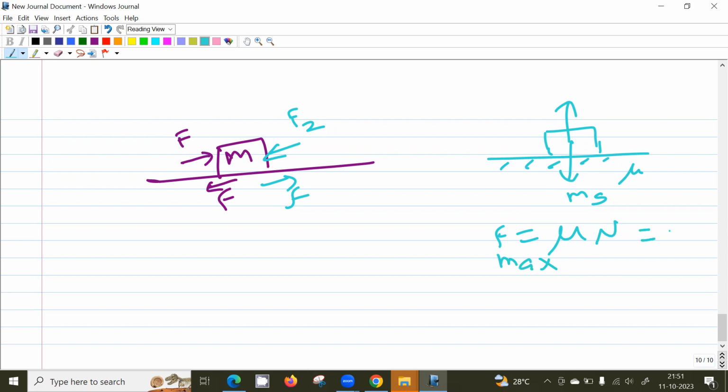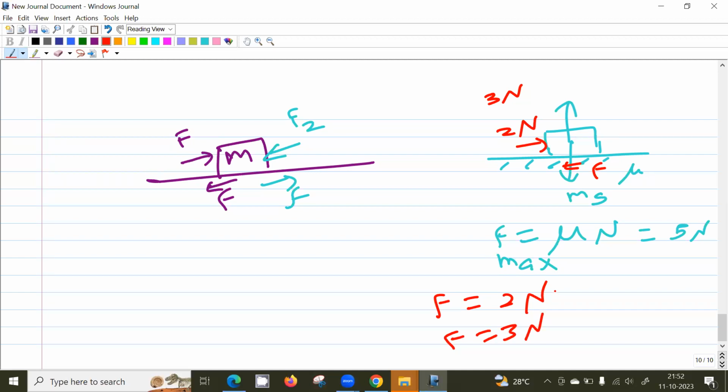Suppose, for example, it turns out to be 5 Newtons, and I apply a force of 2 Newtons towards right. In that case, the friction force will be just 2 Newtons to oppose the applied force. When I increase the applied force to 3 Newtons, the friction force will also increase to 3 Newtons, just to balance the applied force.